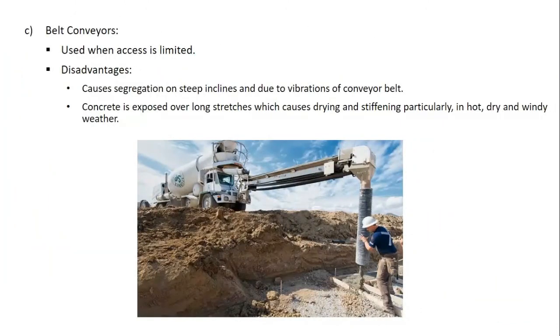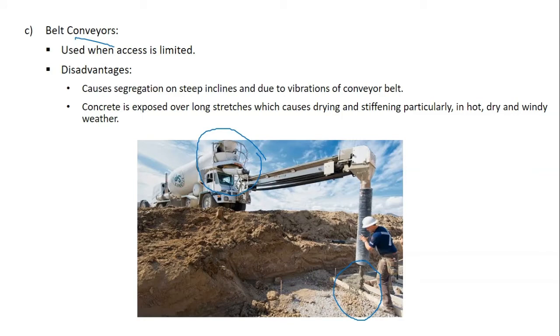And this is the third one. So belt conveyors. Belt conveyors are the conveyors which you use to transport the concrete from the vehicle, truck mixer, to the placing position. See, here this concrete is being placed at a particular location, and here is the vehicle.